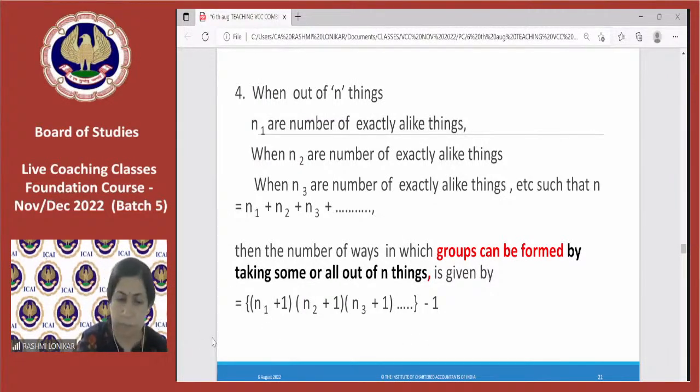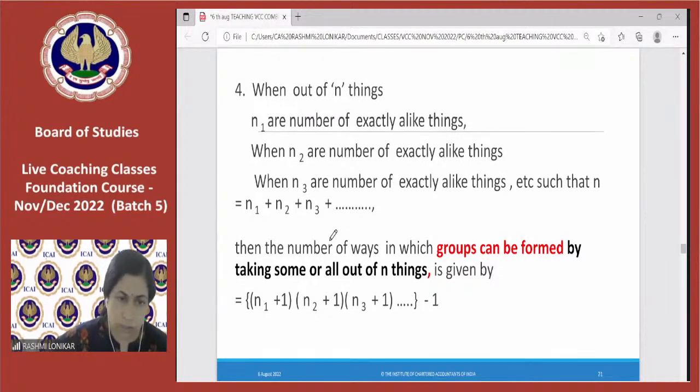Okay. So then I have n1 alike things, n2 alike things and n3 alike things. So this will be the answer: n1 plus 1 into n2 plus 1 into n3 plus 1 and so on, minus 1.